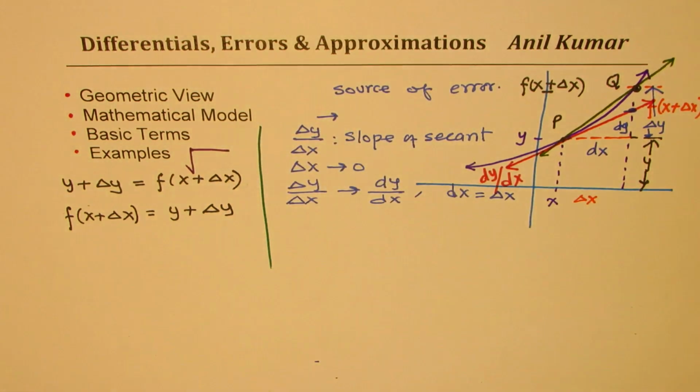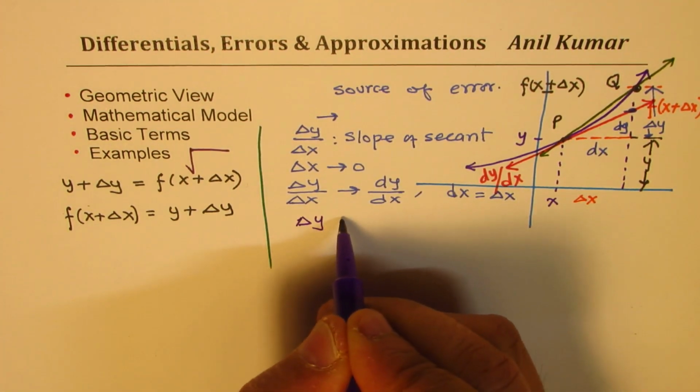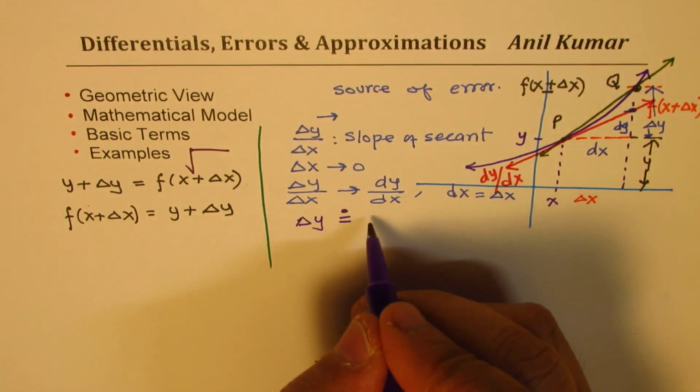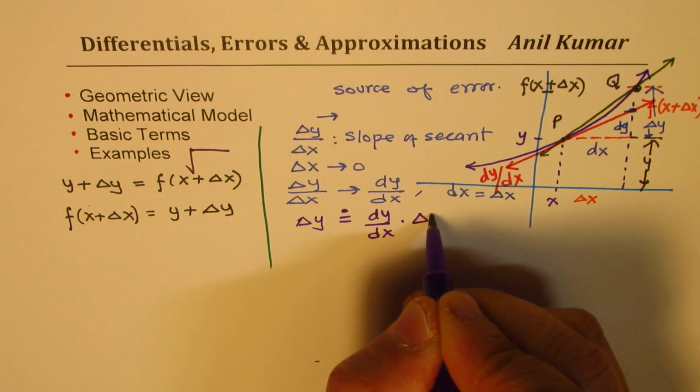We'll extend this part. So what we are trying to write here is that delta y is basically equal to, and that is the approximation which we are trying to say, dy dx times delta x. Do you see that part?